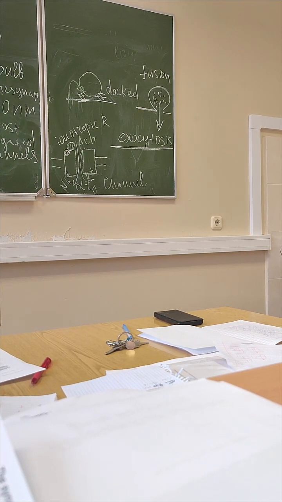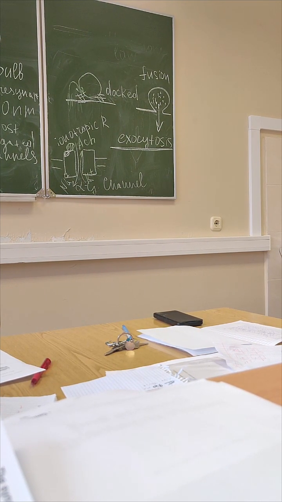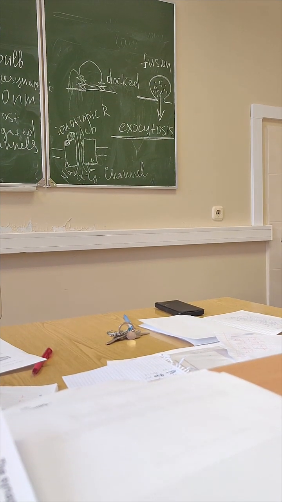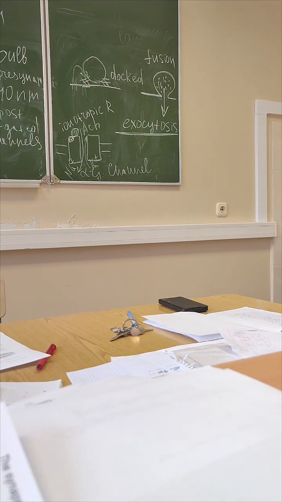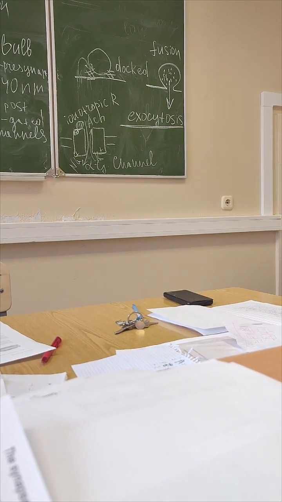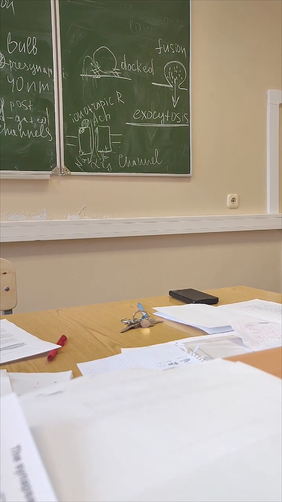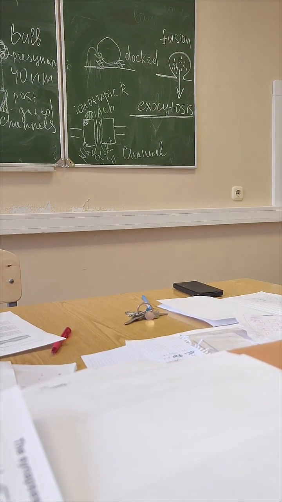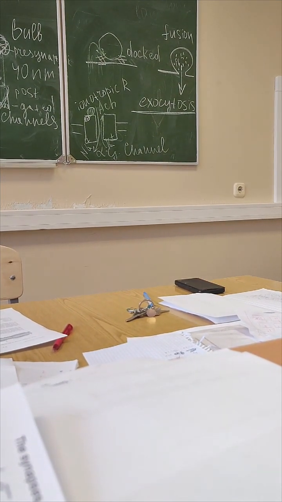Recall, what gradient exists more? Electrical gradient. The electrical gradient is the distance between the membrane potential and the equilibrium potential for ions.